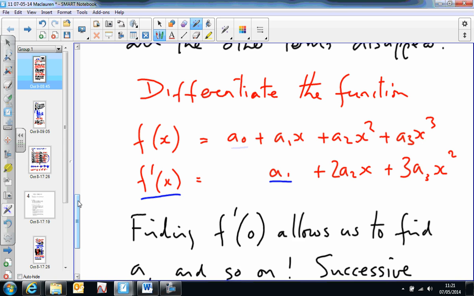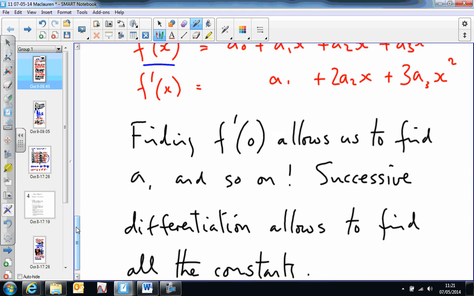Then we differentiate again, let x equal 0, and that will allow us to find a2, and so on. So to find out what the power series is for a function, using this method, we just have to differentiate this function over and over again. So that's what we're going to do.